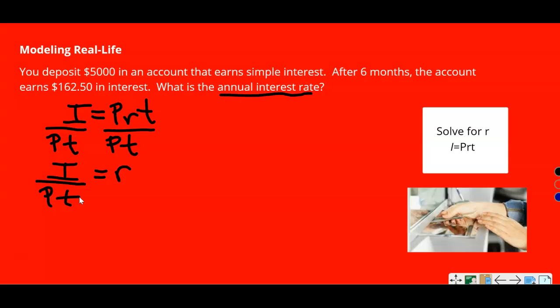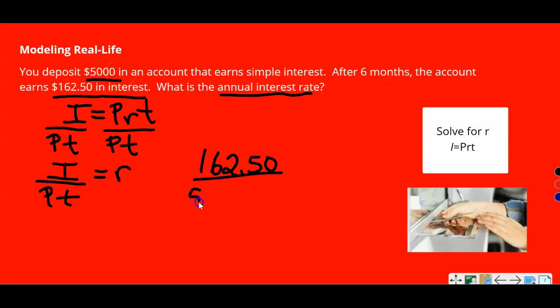All right, so now we have to plug in what we are given. It says that it earns $162.50 in interest. So we're going to take that and plug it in for I. So $162.50 is your interest. And then P is your principal. You deposited $5,000.